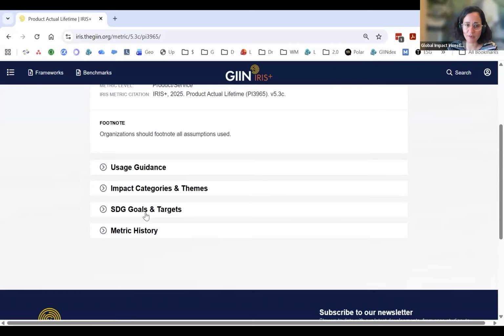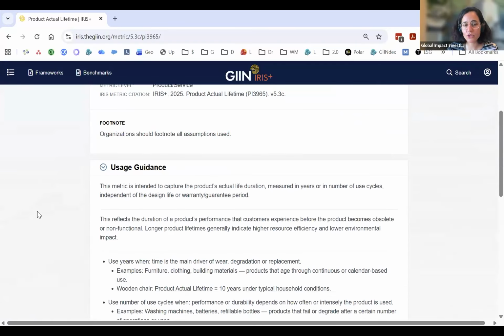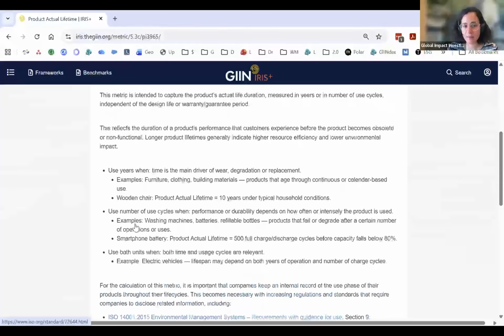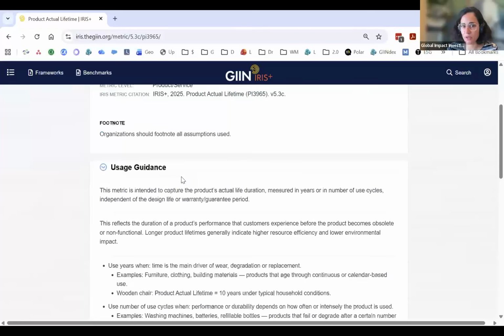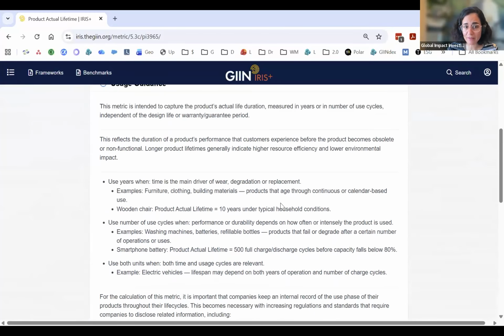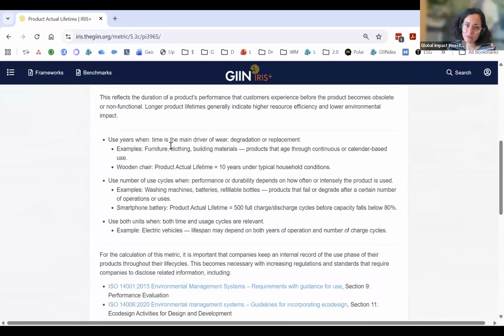Well, there's information everywhere, but to start with, on the usage guidance, there is a lot of information about what this metric is intended to capture and reflect, and then very, very specific methodological information.